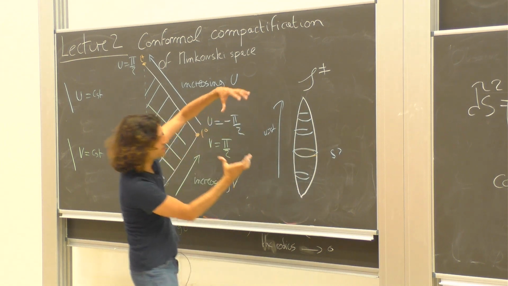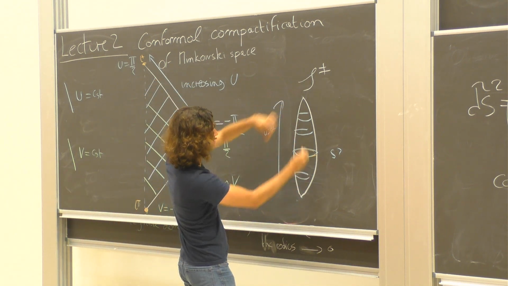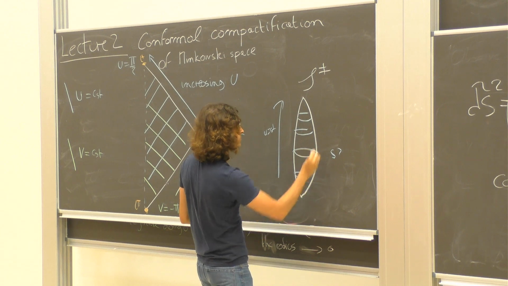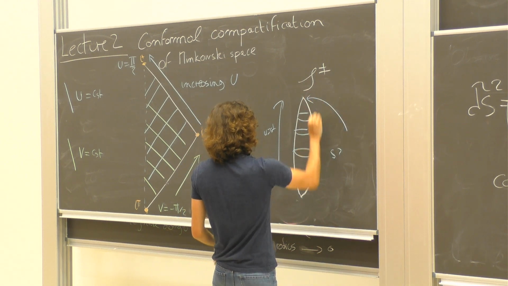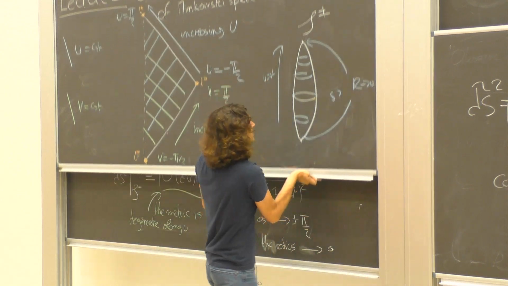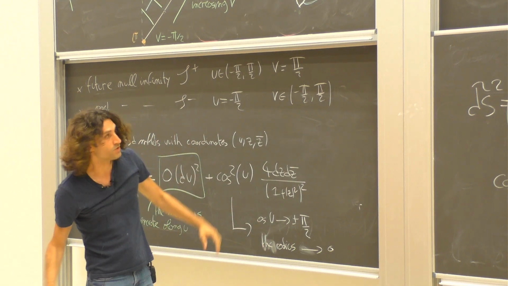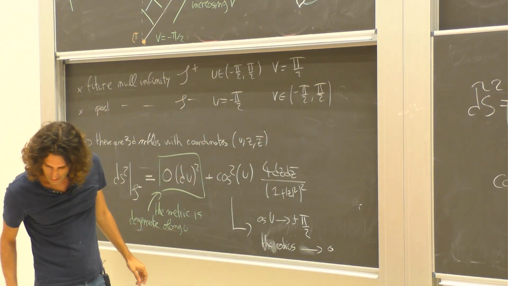But asymptotically the sphere shrinks, and here the radius of the sphere goes to 0. So r goes to 0. That's why you should not think of this as being a manifold. It's some sort of a squeezed object.